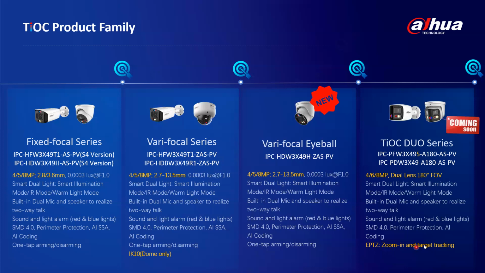So in this case, the fixed focal, varifocal, and this varifocal eyeball all come with 4, 5, and 8 megapixels, except the TiOC Duo series, which will come with 4 megapixels, 6 megapixels, and 8 megapixels in terms of its resolution.